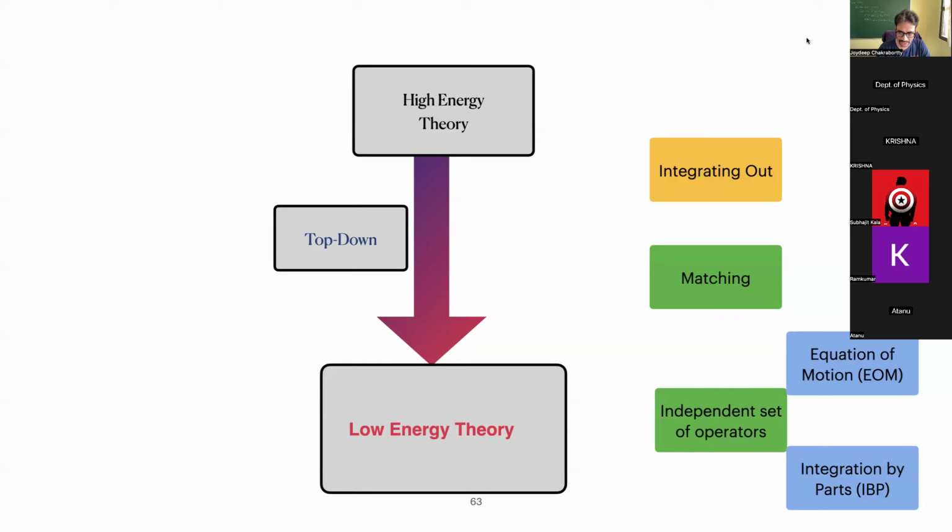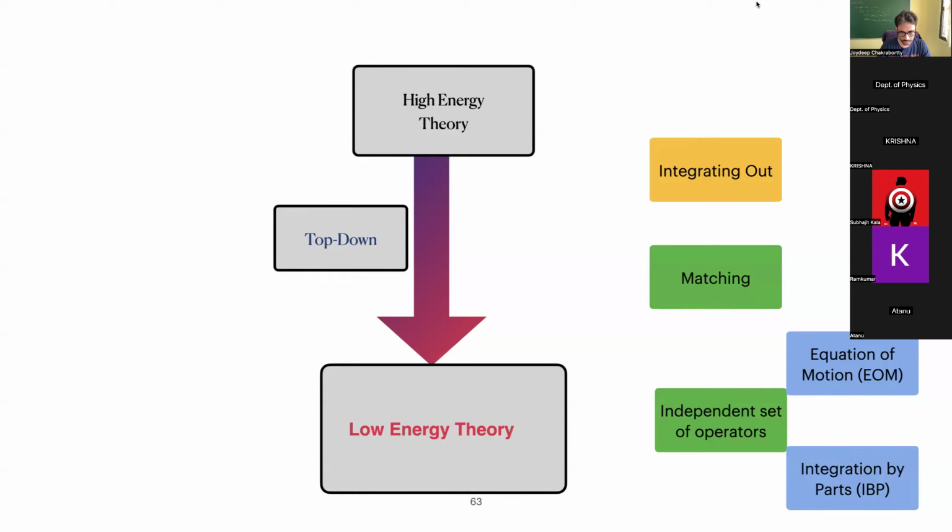You perform the matching, and then you basically get the effective action. But with that effective action, it's not sufficient to work with, because some of the operators and structures are related to each other. So you have to explicitly impose the equation of motion, and use integration by parts, Fierz identities, and so on, to get the set of effective operators which are basically independent.